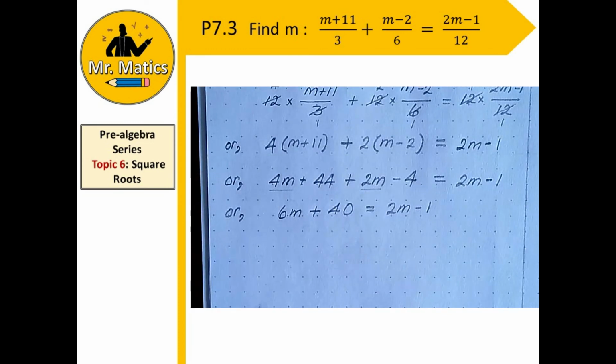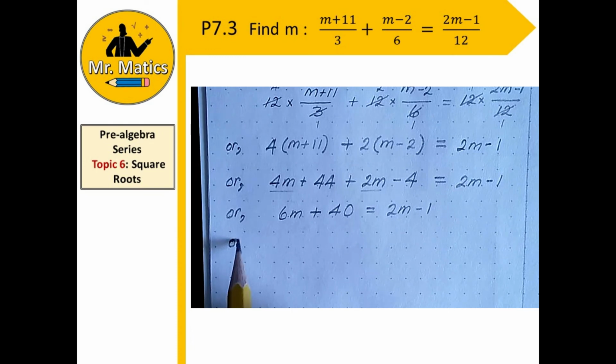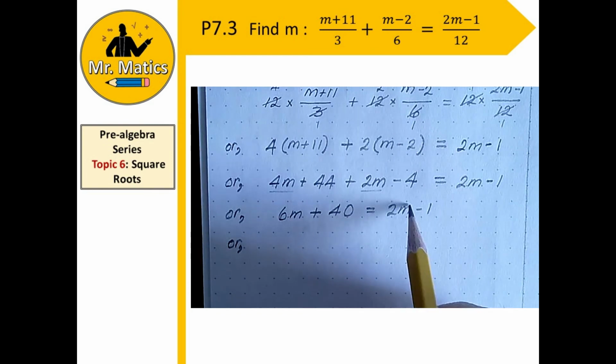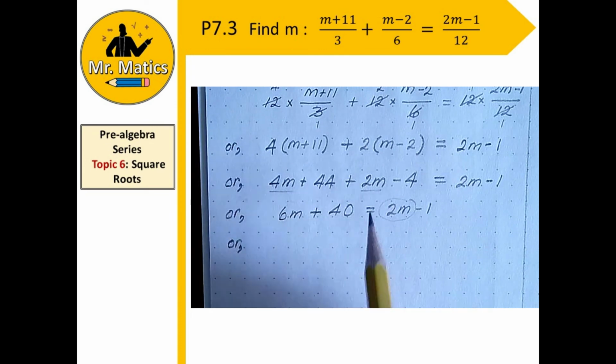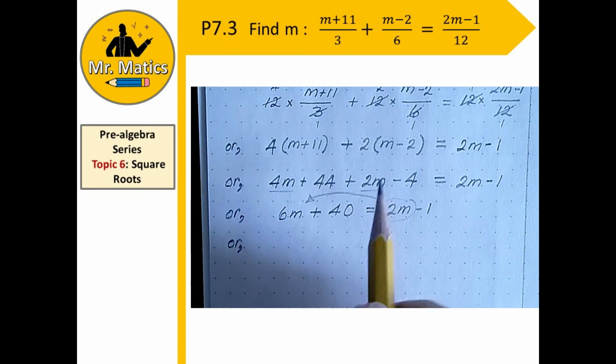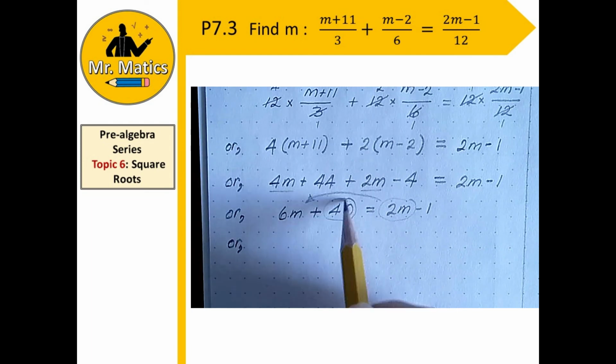Now we see that there is a 2m on the right side and a 6m on the left side. So I bring this 2m to the left side and I bring this known quantity to the right side.